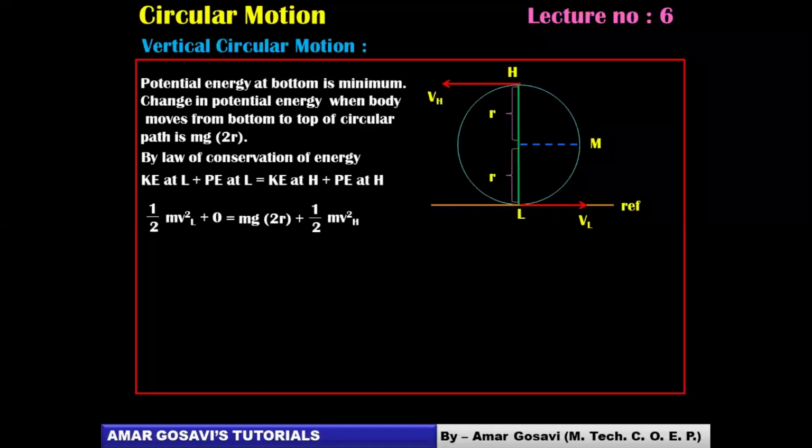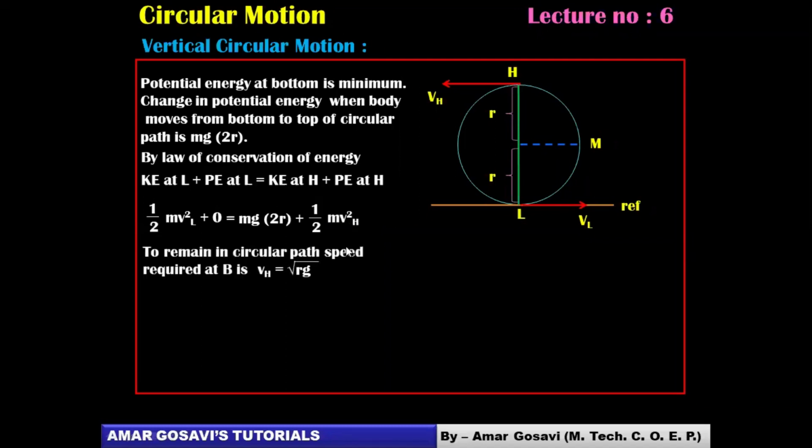Let's talk about kinetic energy at the highest point. Can I say kinetic energy at the highest point is half m vH square with H as the suffix? What about the potential energy at the highest point? Can I say it is mg into height, that is 2r? So now I have all these equations. I have the value for vH also, and the value for vH was root rg.